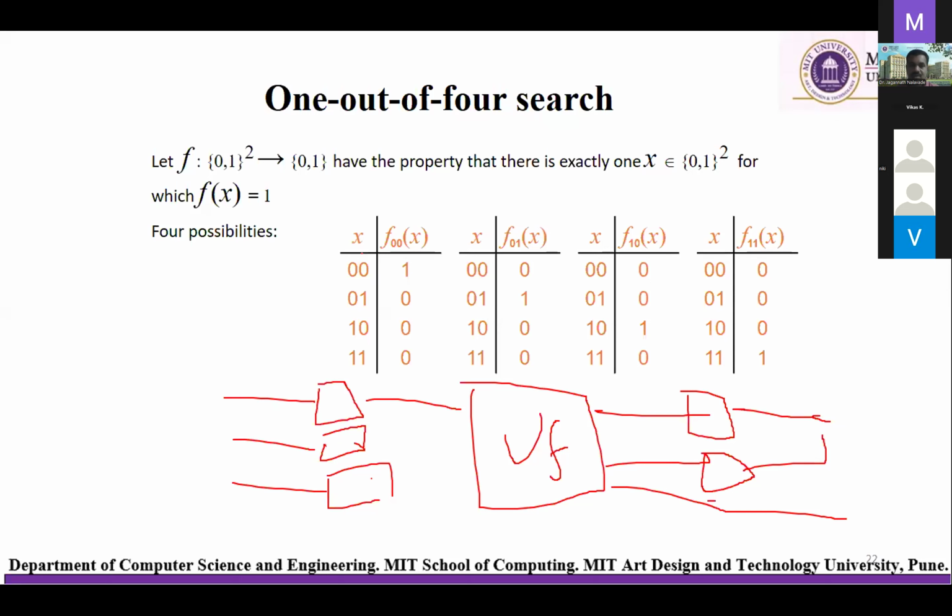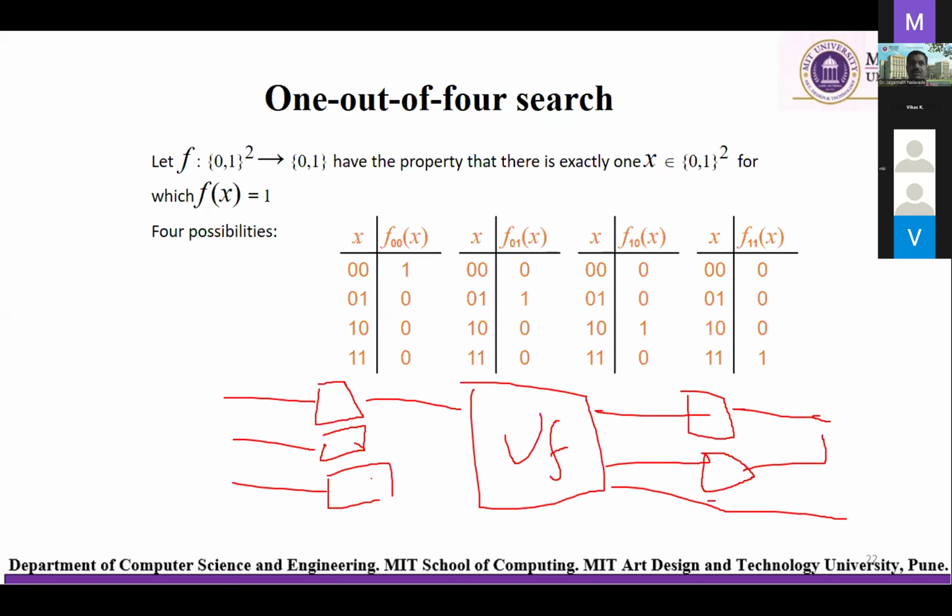Now in this example, this particular problem is given as a 1 out of 4 search. 1 out of 4 search means there will be one outcome, or f of x will be 1 for any of the 4 combinations. If there are 2 bits, there are 00, 01, 10 and 11. So for any of these 4, f of x is equal to 1.